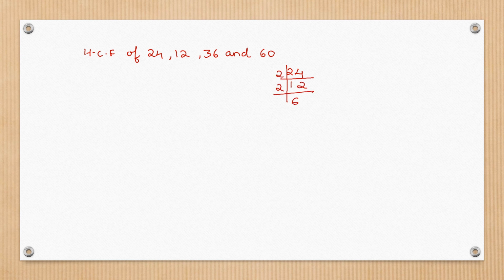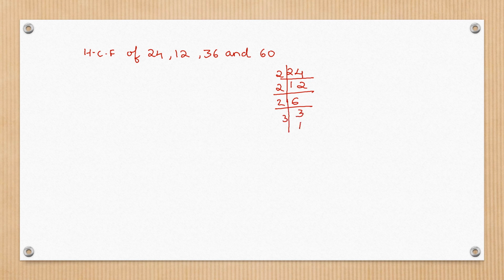Let's take another example of finding the HCF: the numbers 24, 12, 36 and 60. Let's find the factors of 24 by dividing. 2 1s are 2, 2 2s are 4, 2 6s is 12, 2 3s is 6 and 3 1s is 3.